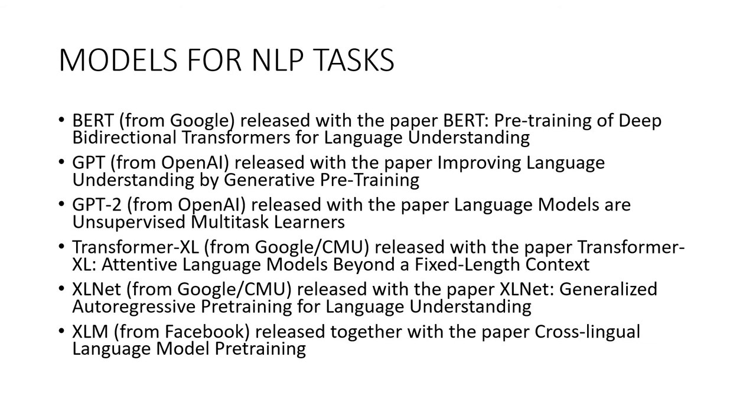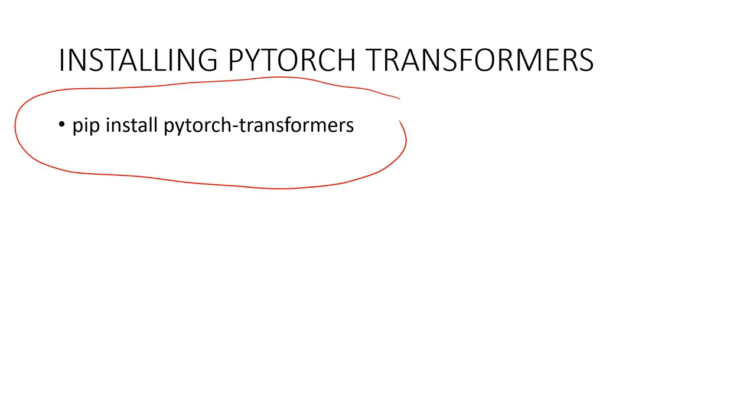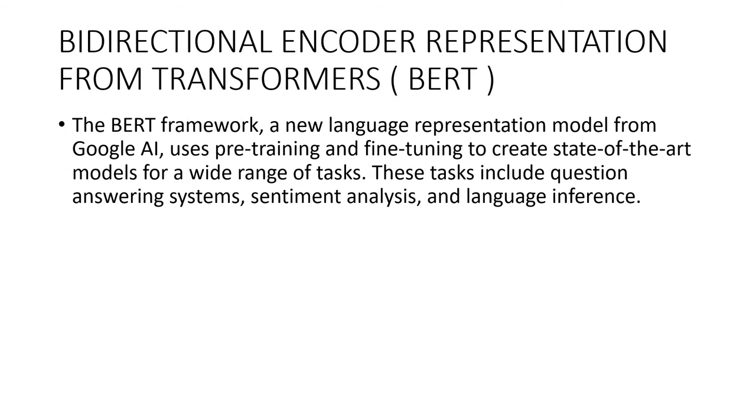Different models are available based on transformers for NLP. They are BERT, the one we are going to discuss, that is Bidirectional Transformers for Language Understanding. Then GPT and GPT-2 from OpenAI, Transformer-XL, XLNet, and XLM from Facebook are the important models for NLP tasks. To install PyTorch Transformers, this is the command: pip install pytorch-transformers.